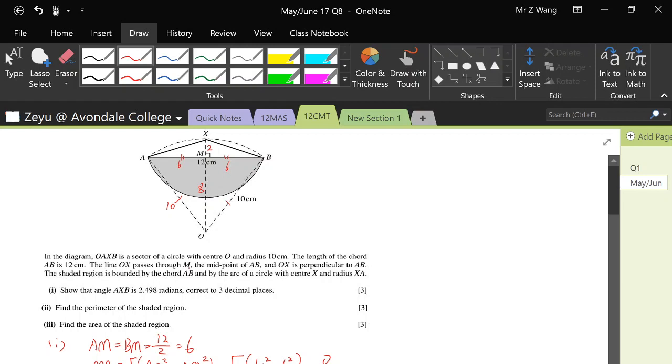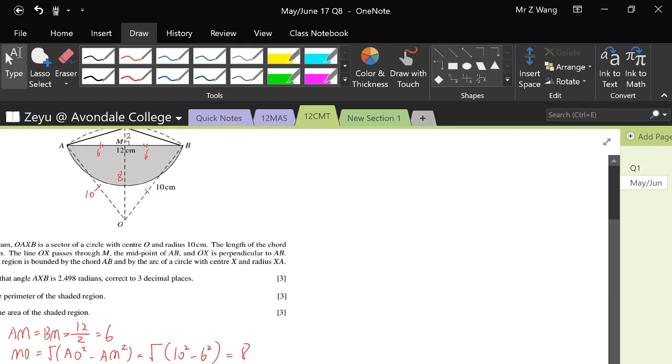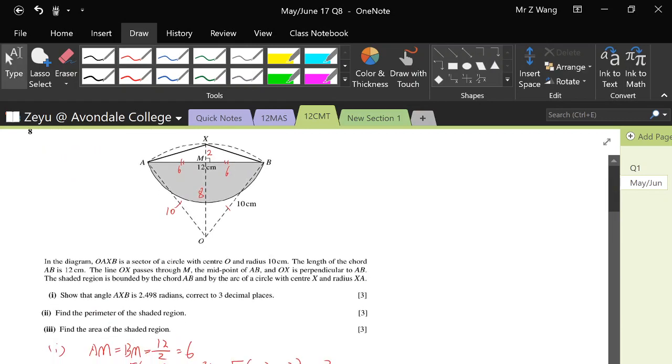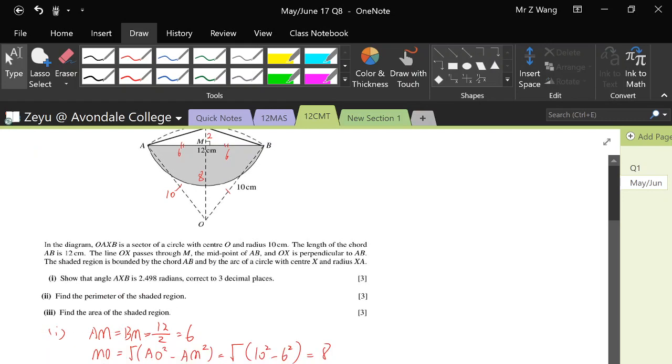And then I would write XM equals OX, which is the radius, minus MO, equals 10 minus 8 is 2, right?